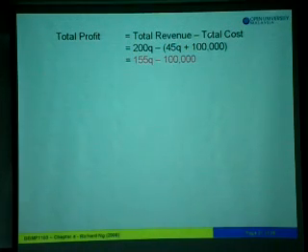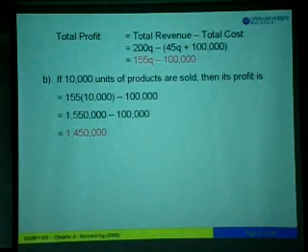Remember, put this in a bracket. So 45Q plus 100,000. And then from here, we have to remove the bracket, so negative times 45 is negative, negative times 100,000 is negative. So 200Q minus 45Q will give us 155Q minus 100,000. So that is the function of profit. P equals 155Q minus 100,000.